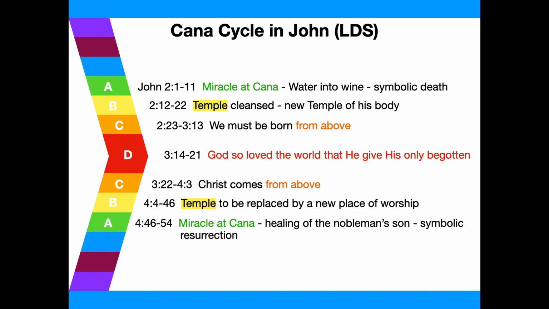And then moving inward, we must be born from above, versus the other half of the chiasm where Christ comes from above. And then the apex, God so loved the world that he gave his only begotten son. So again, we find that Christ, deity, is at the apex of the chiasm there.